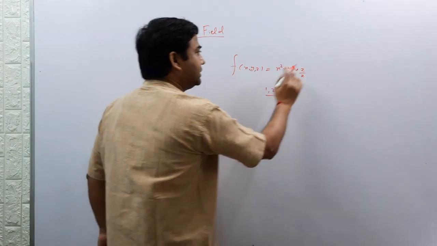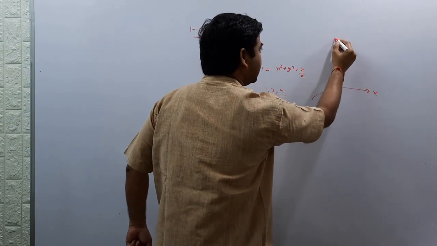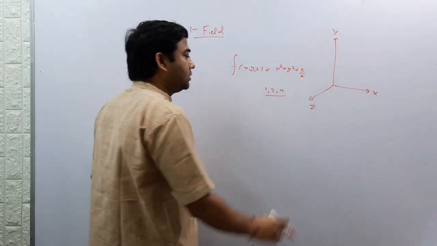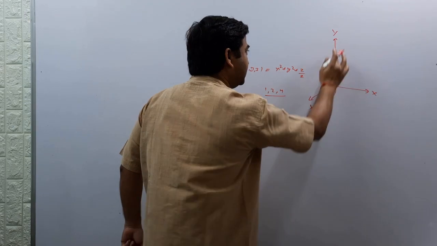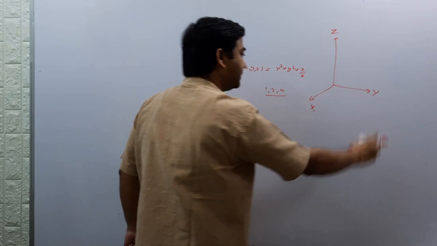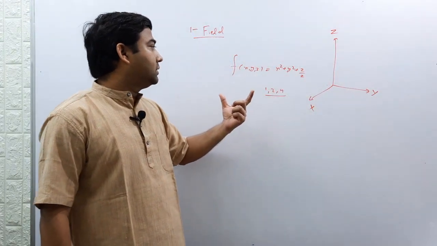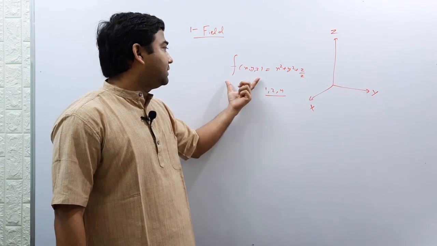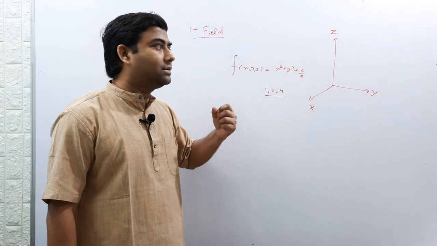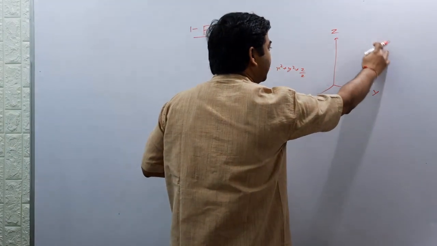Let there be a physical quantity in space, with x direction, y direction and z direction. In this three-dimensional space, this scalar physical quantity can be any physical quantity, for example the density of a material.